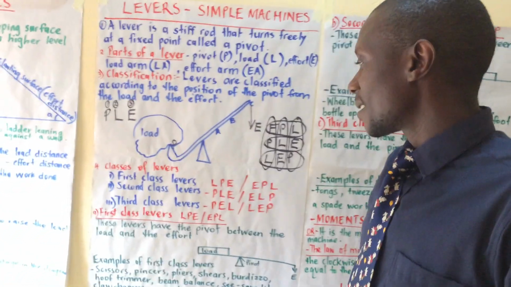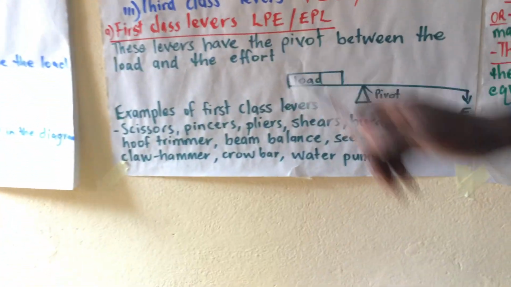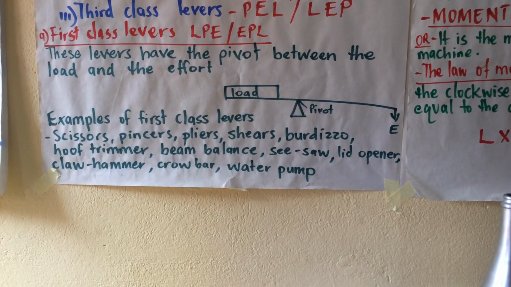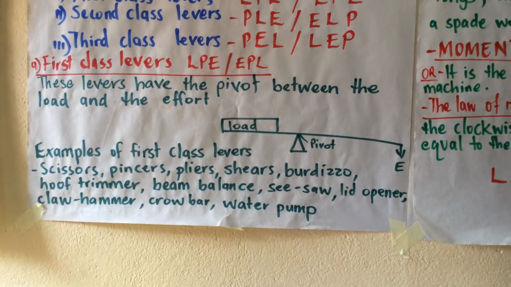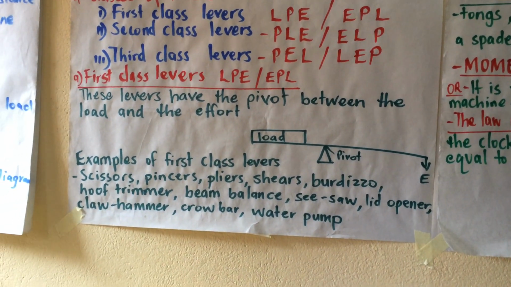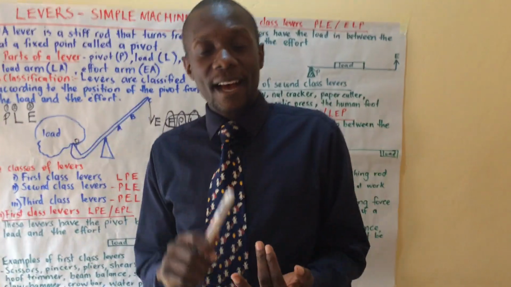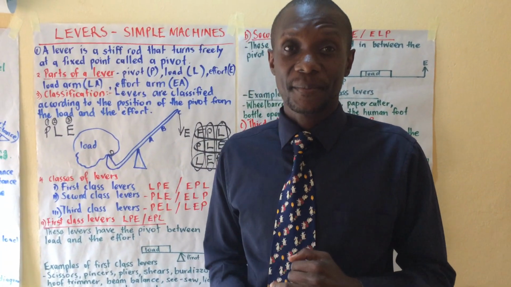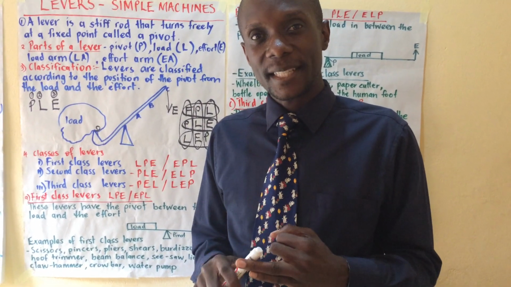Let's begin with first class levers. First class levers have the pivot between the load and the effort. That is the illustration we have there. Examples of first class levers we have here. We have devices that are in the scissors family, and then we have devices that are in the balance family.